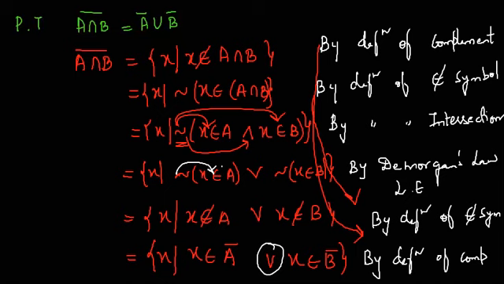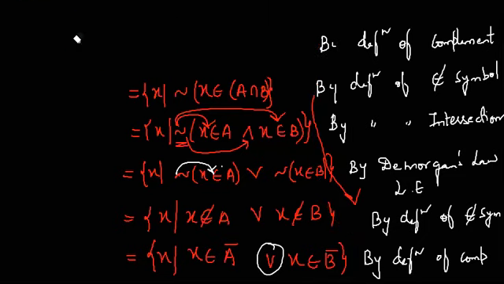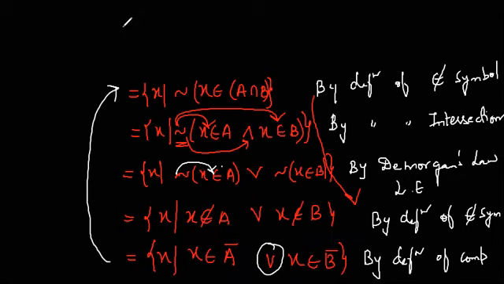So let's do that. For the last step, I'll erase the first part. The overall solution will be provided. From here, I'm continuing on the top. By the definition of complement, we changed it to X belongs to A bar or X belongs to B bar.